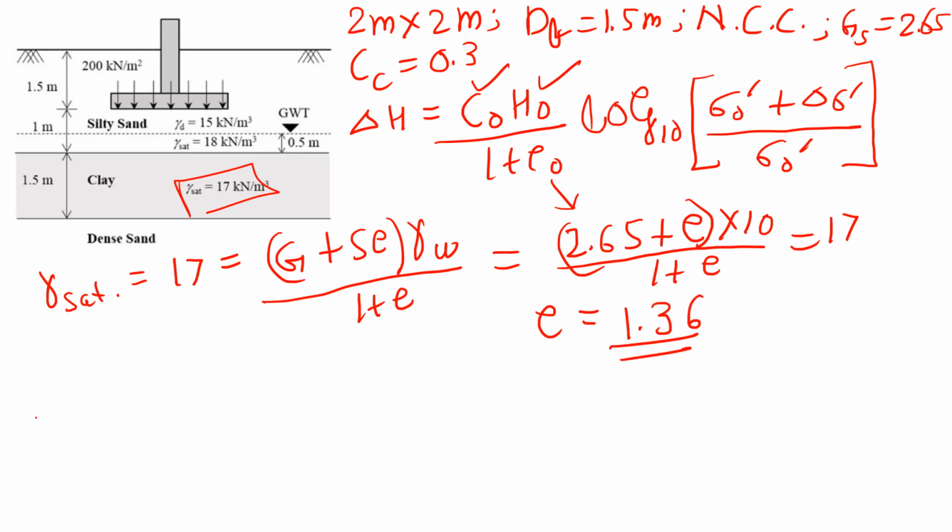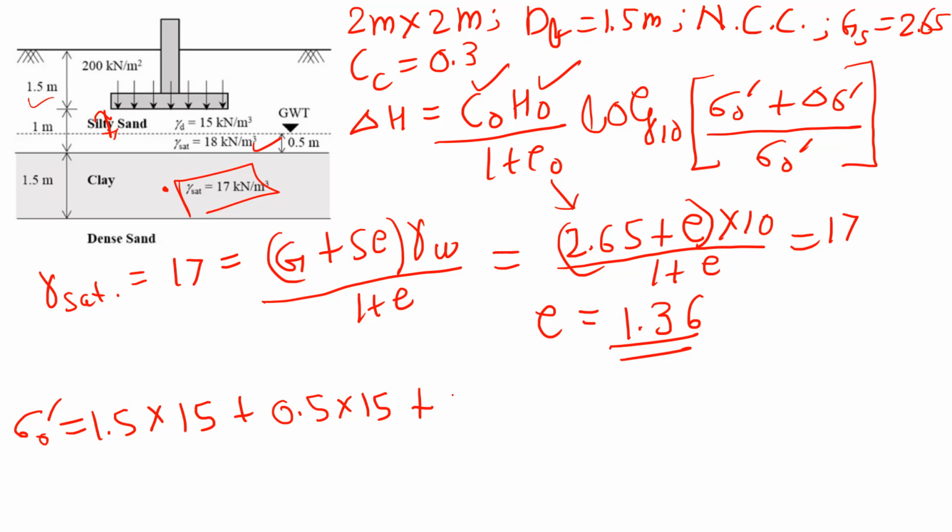So now let us calculate the initial effective stress at the mid of the clay layer. For that we could use the figure and get the data. 1.5 meter, that is this depth, into 15 is the density, plus this 0.5 meter would be 0.5 into 15, plus this is given as 18 gamma saturated.